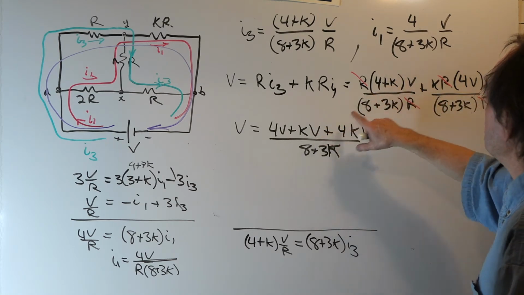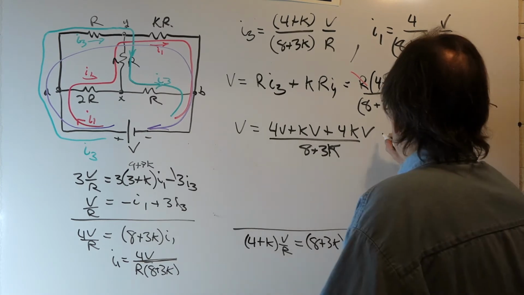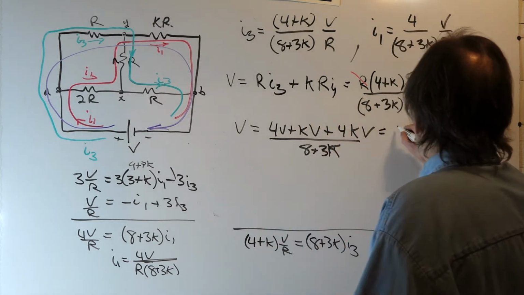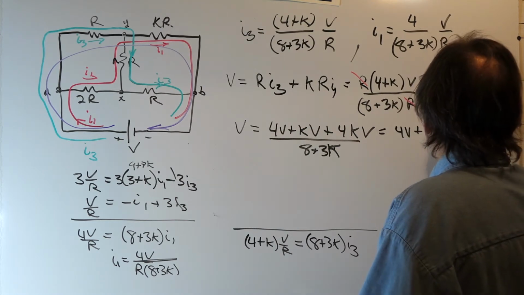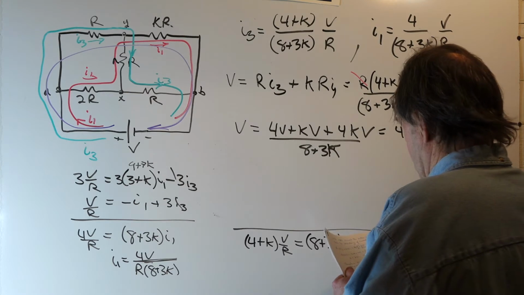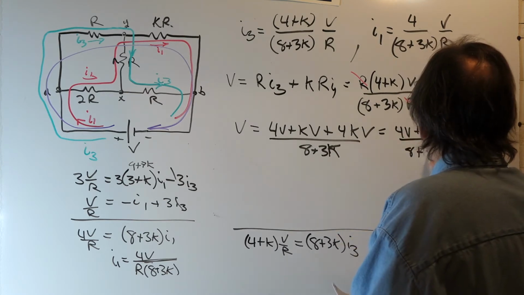We have 4V plus KV plus 4KV. We add these, so we end up with 4V plus 5K all over 8 plus 3K.